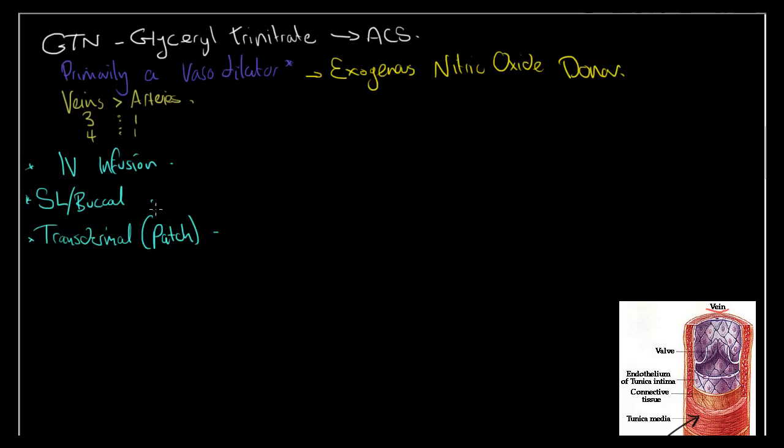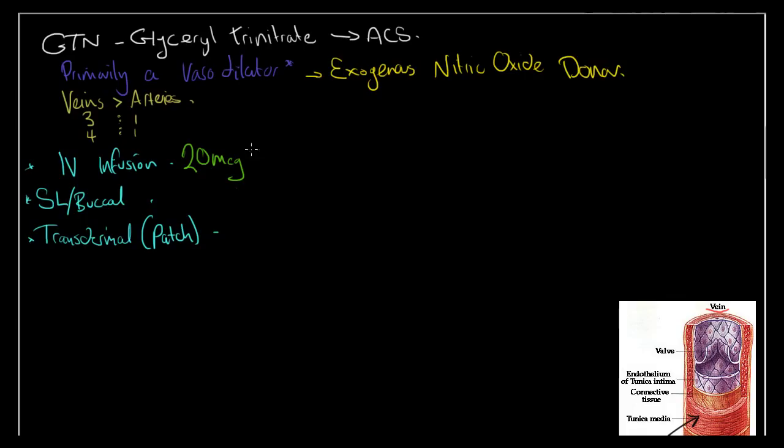The infusion rates for IV GTN, say if we're in ACS or a coronary syndrome of some sort, can be a little bit confusing because the PVC tubing of the infusion set can absorb some of the GTN.